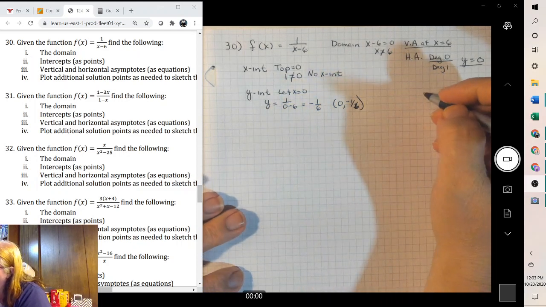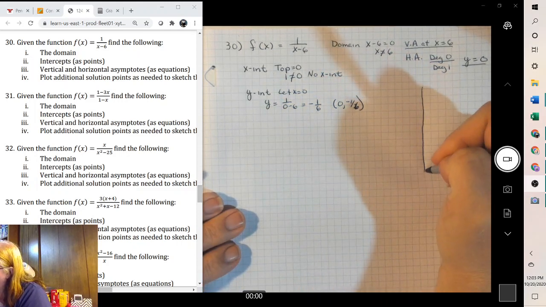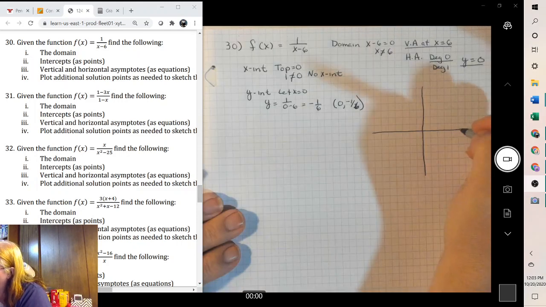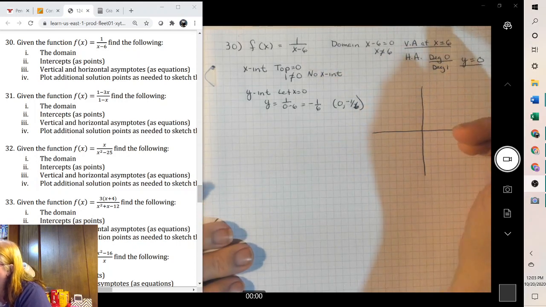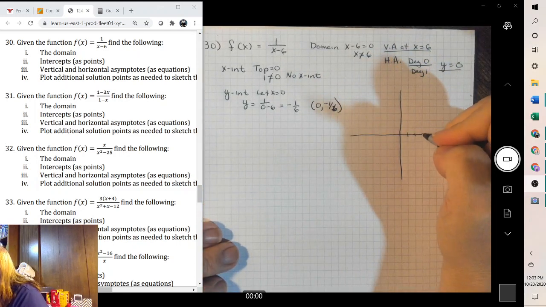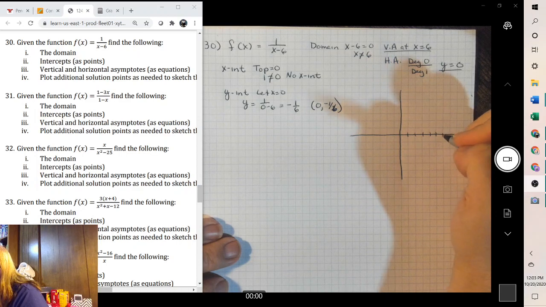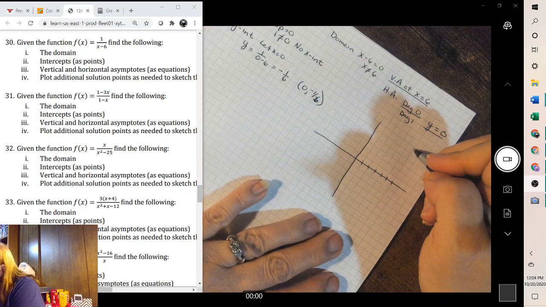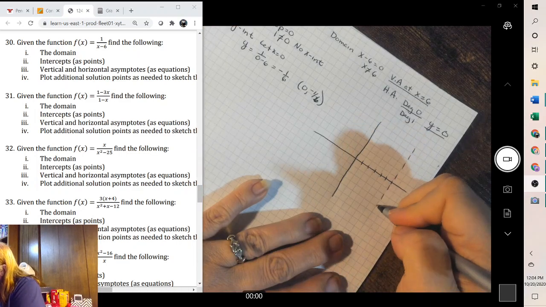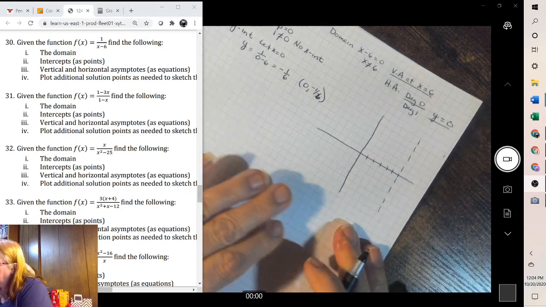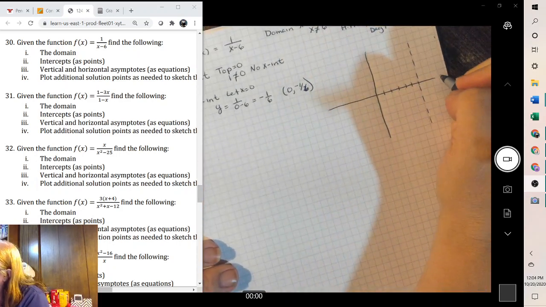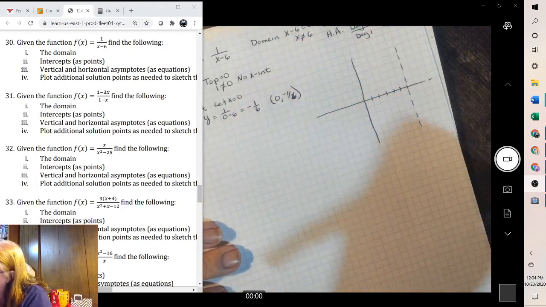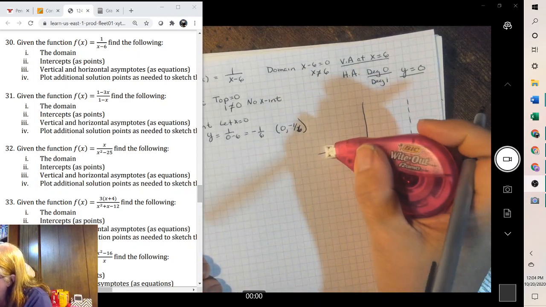If we look at the graph, we have vertical at 6. 1, 2, 3, 4, 5, 6. And then we have a horizontal at 0, so this asymptote, I probably should have, here we'll make it dotted.